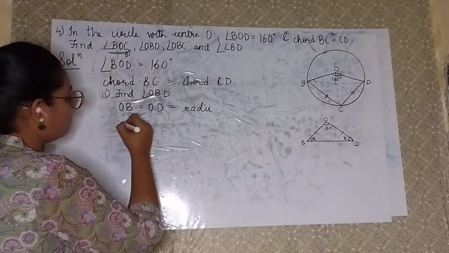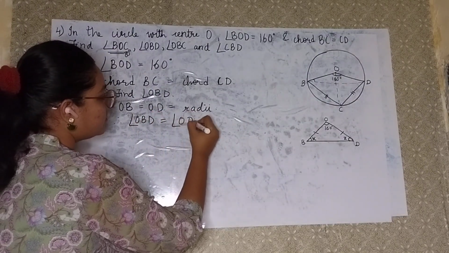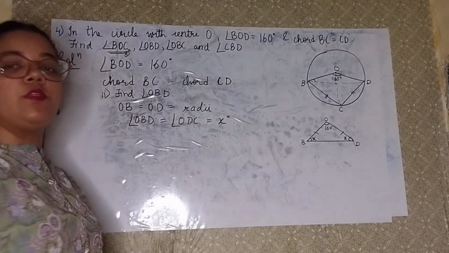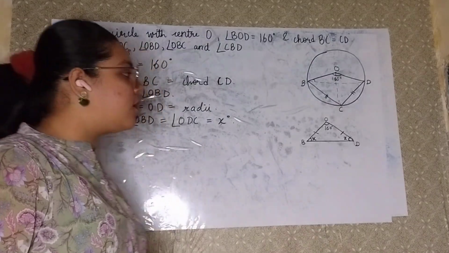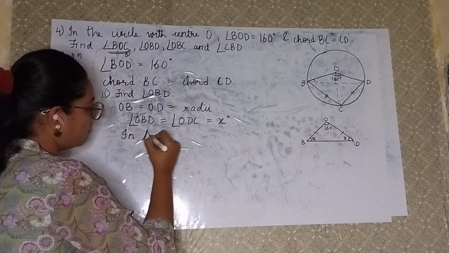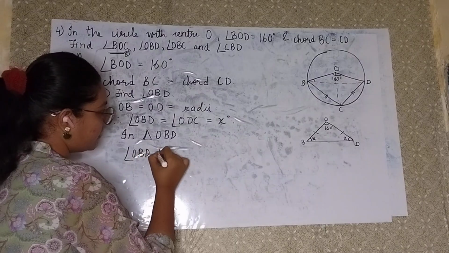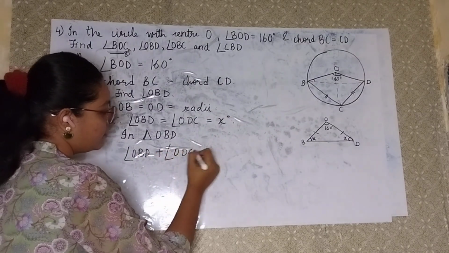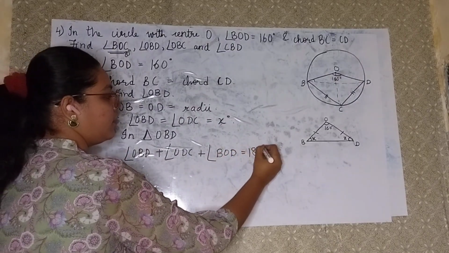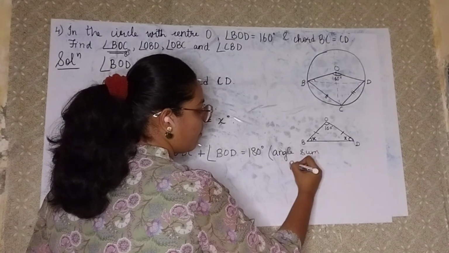Therefore angle OBD is equal to angle ODB equal to x degrees. Now with the help of angle sum property, we can find angle OBD. So in triangle OBD, angle OBD plus angle ODB plus angle BOD is equal to 180 degrees, and the reason will be angle sum property.